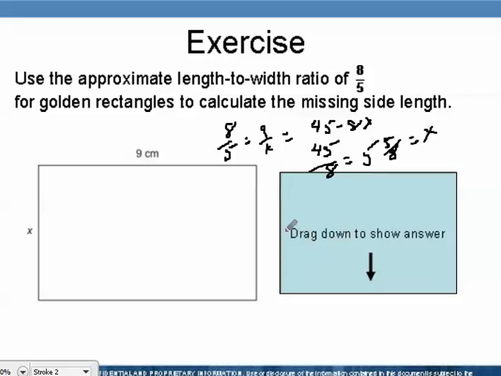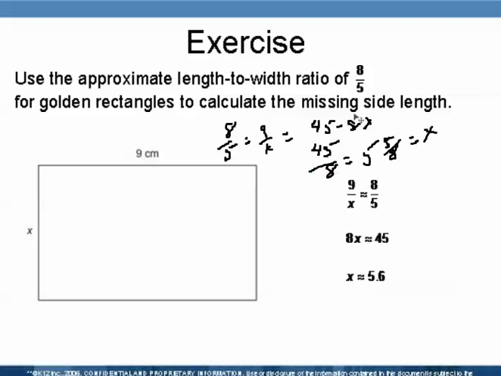That's what x is going to be equal to, approximately 5.6.